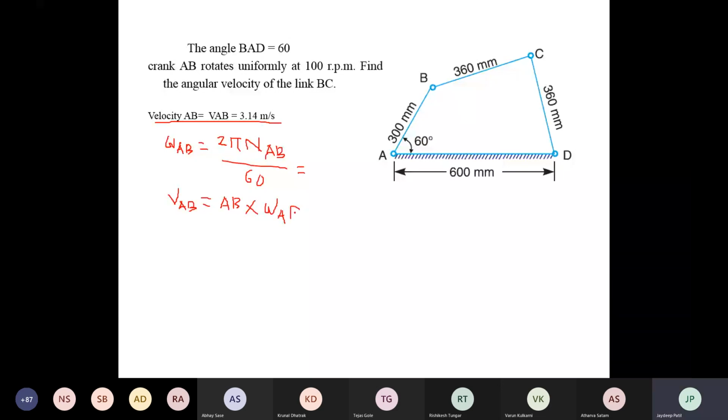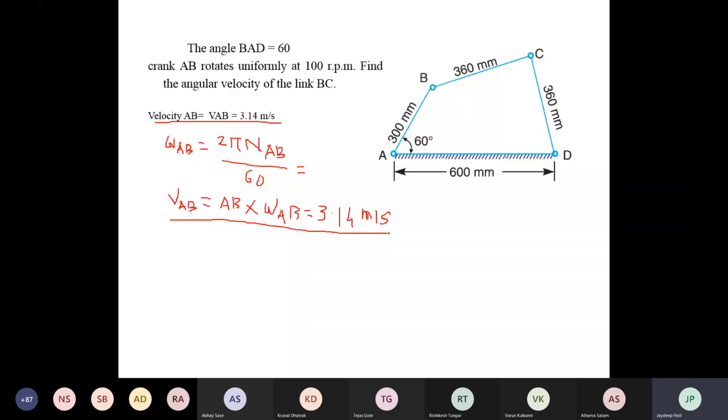Now you will get the answer 3.14 meter per second. This is the input to solve this problem.